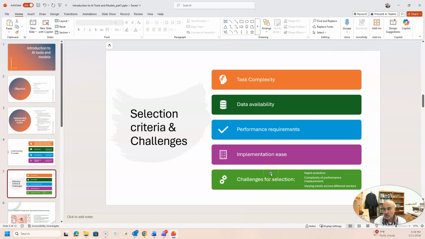And if I talk about the complexity and the data in this context, remember, I had provided the content and the Copilot has given me some of the design. And the performance requirement in this case, you can relate to how accurate these individual icons that are associated with the data is.